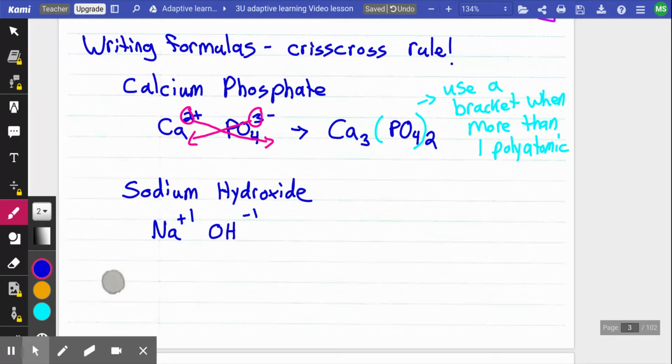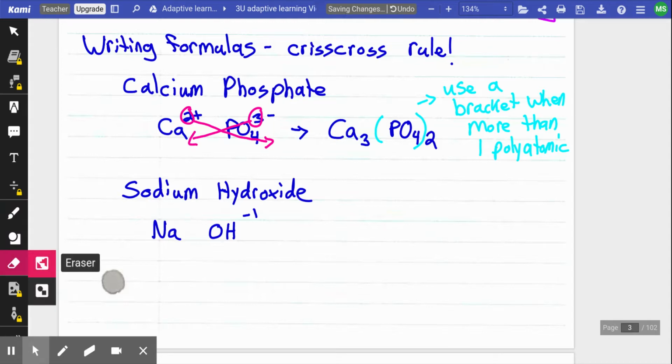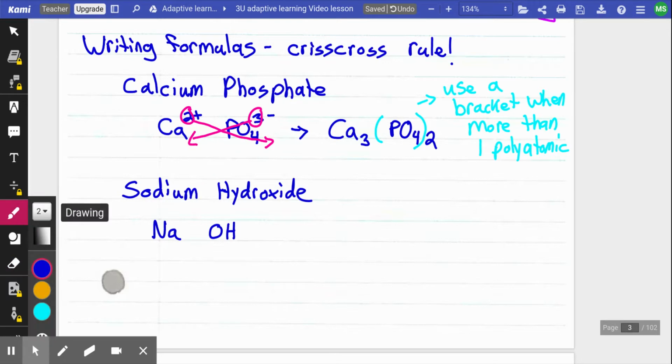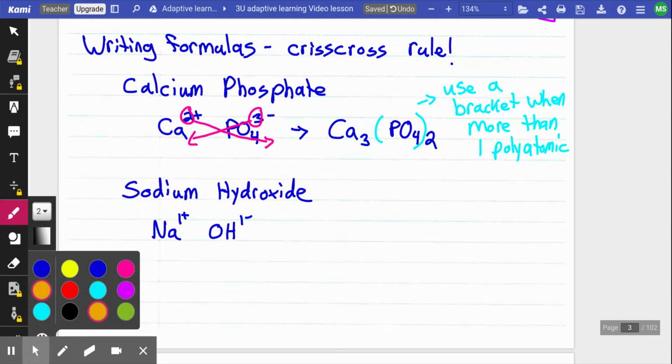So actually, I wrote those backwards. So then we crisscross them. This one comes here, this one comes here, and we end up with Na1, but we know that we don't write the 1, and OH1.